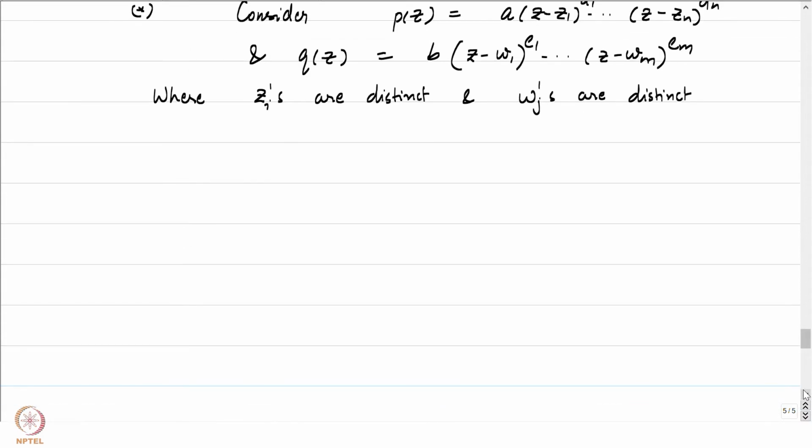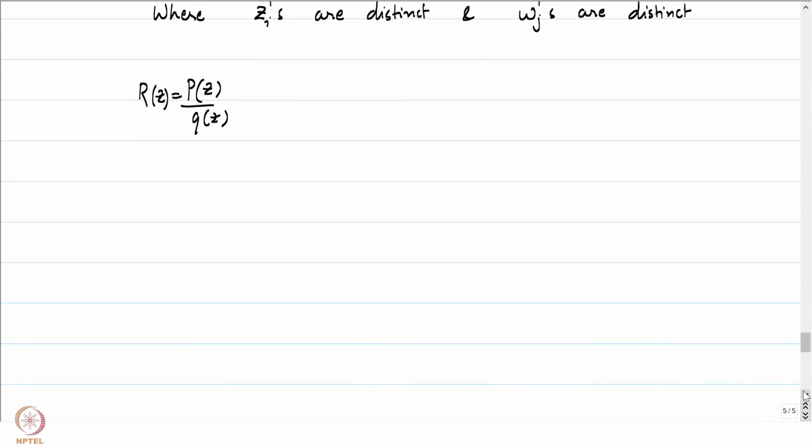Suppose we have this and we are interested in the rational function R of z given by P of z by Q of z. So, away from w1, w2 up to wm, this makes perfect sense. This is a function holomorphic in that domain away from the zeros of Q. And let us now try to find out the log derivative.